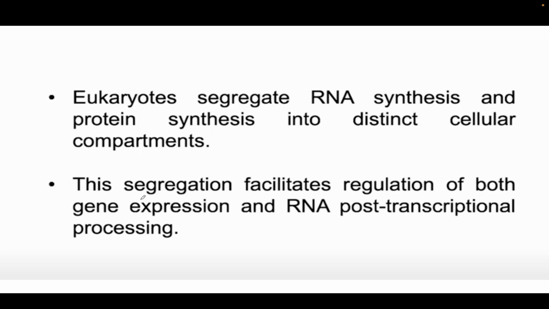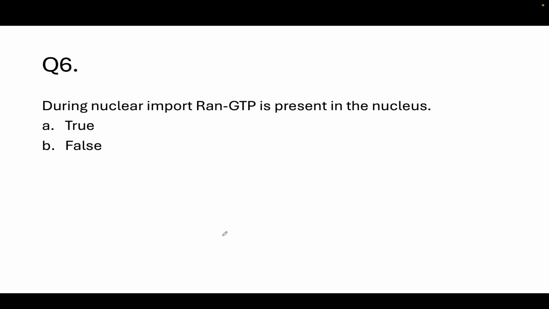Eukaryotes segregate RNA synthesis and protein synthesis into distinct cellular compartments, and this segregation facilitates regulation of both gene expression and RNA post-transcriptional processing. We have already discussed this many times, so I am not going to repeat it. If you have any doubt regarding this, you can ask me. Okay, let's move to the next question.